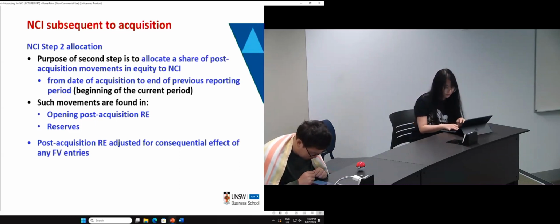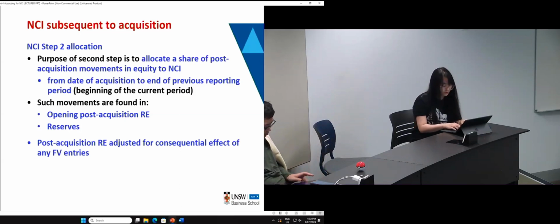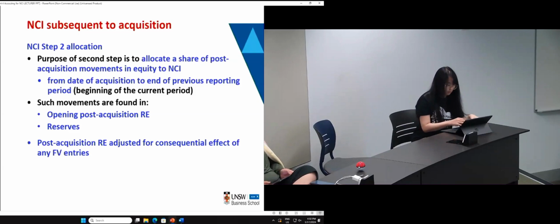Then we allocate these changes in the subsidiary's equity balance proportionally to NCI, okay? And be very careful. The opening post-acquisition earnings might require to be adjusted due to the subsequent year fair value adjustment, including the depreciation adjustment occurred in the prior year worksheet, okay?